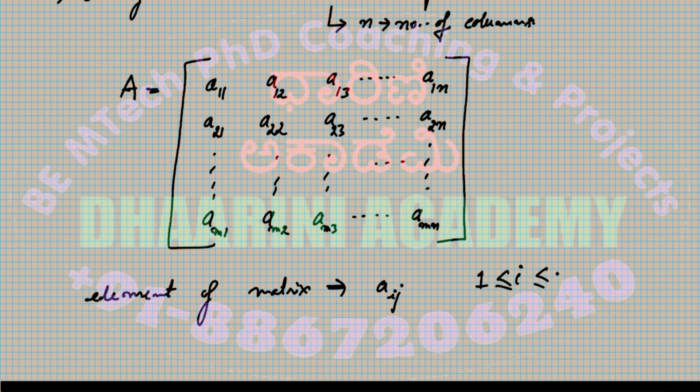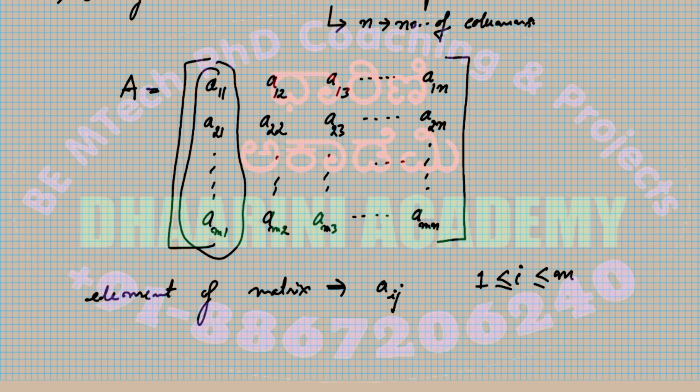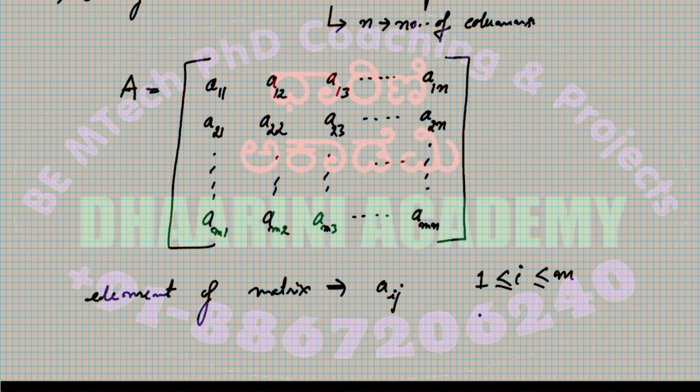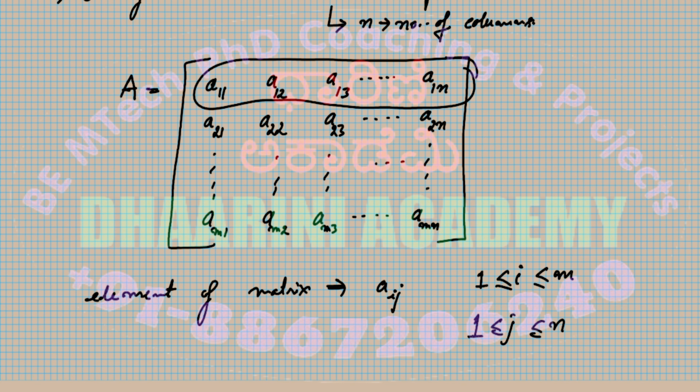You see, i represents the row number here, so it is m. It can take any value 1 to m. Similarly, j: 1 is less than or equal to j, less than or equal to n, because when j changes, we are changing the column of the matrix. So this is a representation.